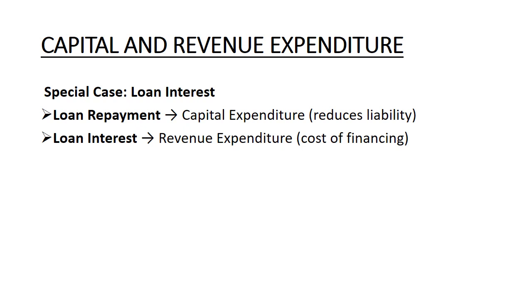So it is treated as a revenue expenditure. Loan interest is treated as a revenue expenditure, but the actual loan is capital expenditure. So if you have a 100,000 loan with 20,000 interest, the 20,000 is revenue expenditure, while the 100,000, the actual loan, is capital expenditure.